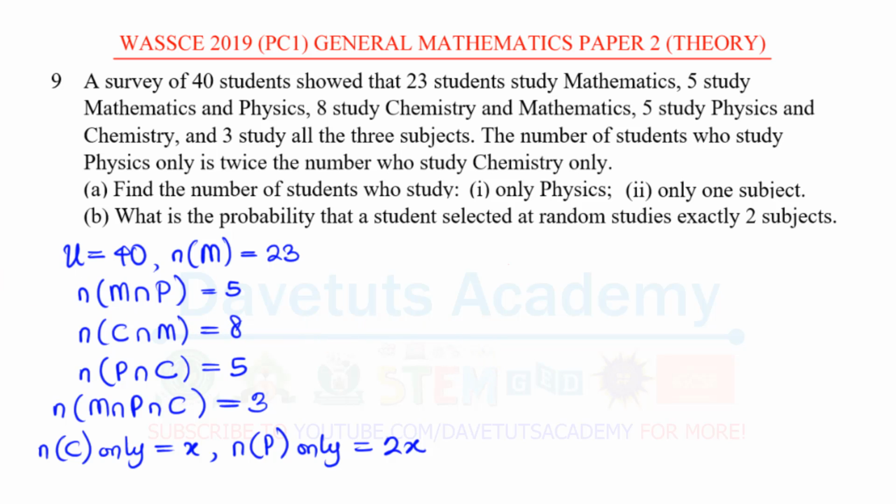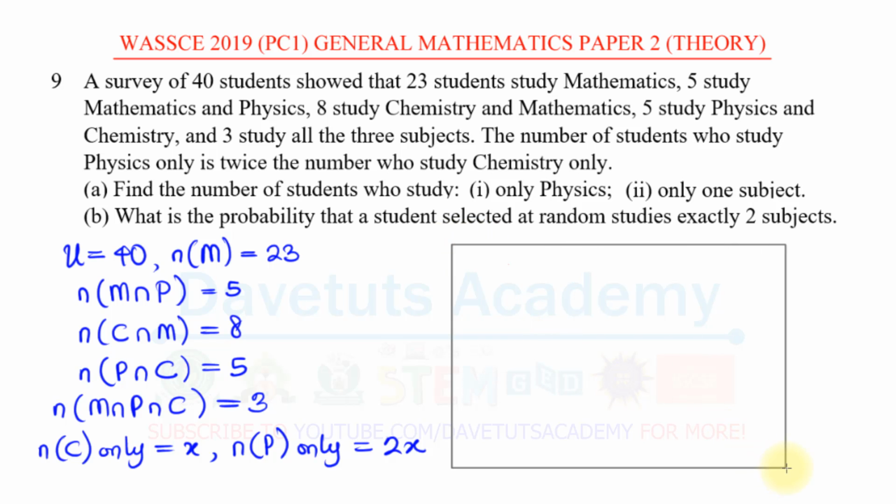So we can now go ahead to draw our Venn diagram, okay? To draw a Venn diagram, let's use a rectangular box for the universal set, and then we can go ahead to put in the information that we have.